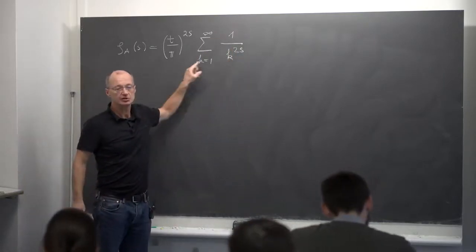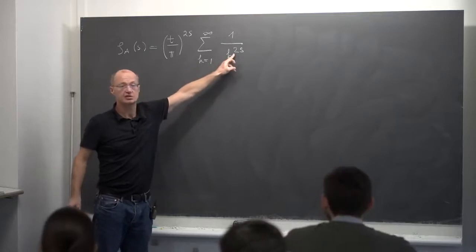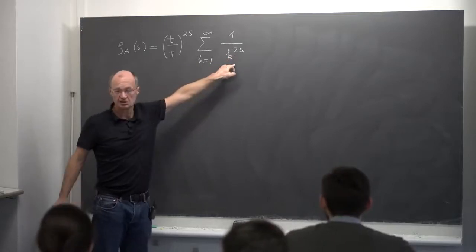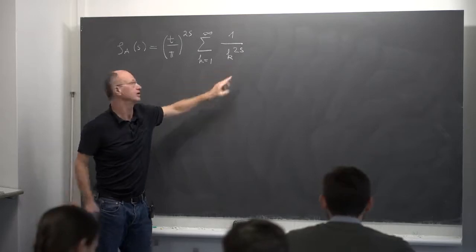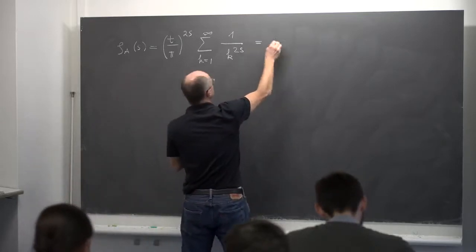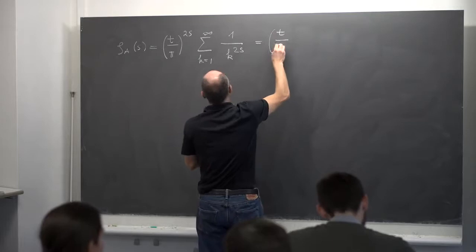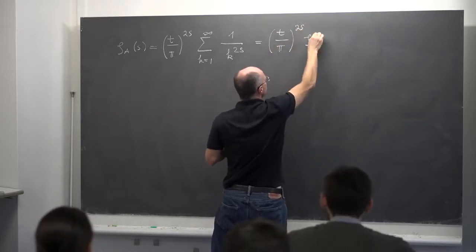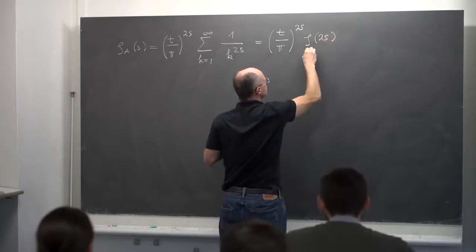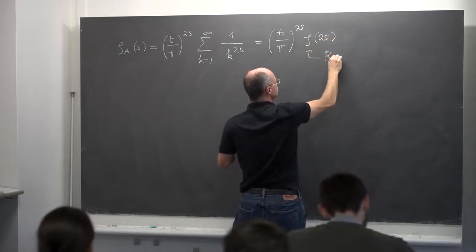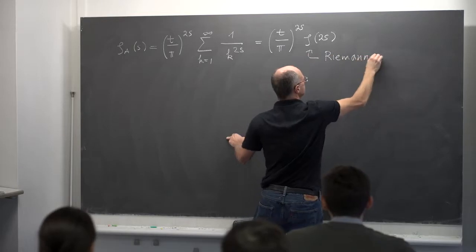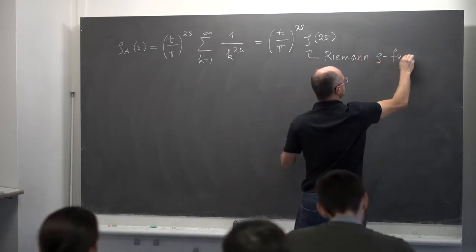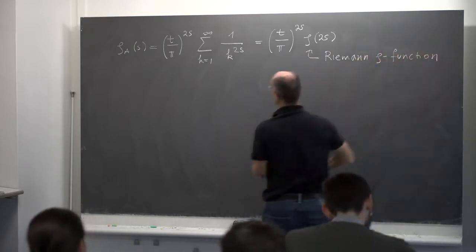Now this function is, up to this multiple, the original Riemann zeta function. So this is equal to t over pi to the power 2s times zeta of 2s, where this is the Riemann zeta function.